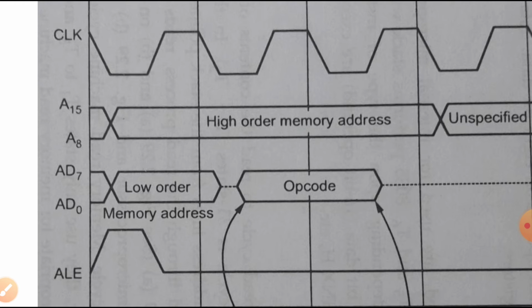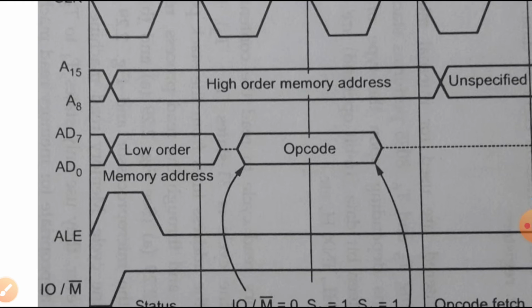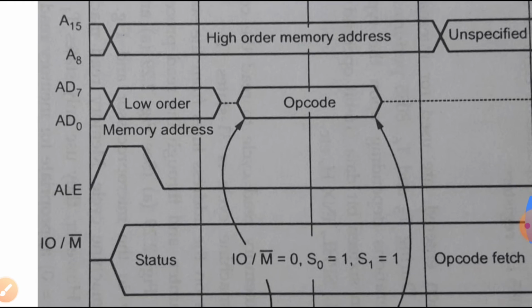Now this AD0 to AD7 remains active only up to the T1 state. In T1 itself, the ALE signal is activated with active high, and it remains active only for one clock period.